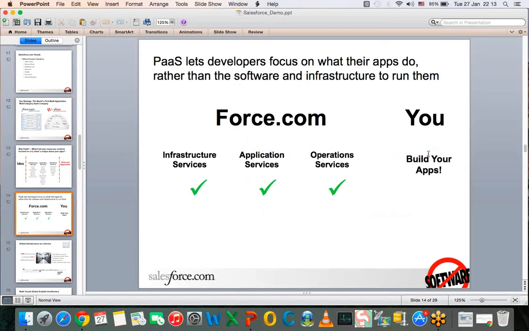It lets you just focus on the applications you're trying to build rather than what type of software or infrastructure is being used to run them.